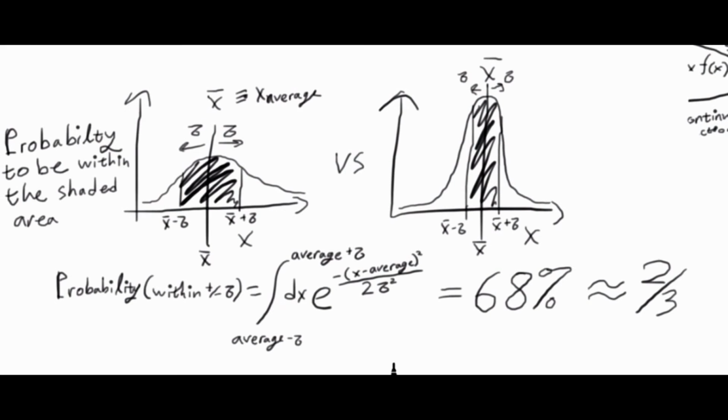In more general terms, the probability to fall within some multiple of the standard deviation, this equation is called the error function.